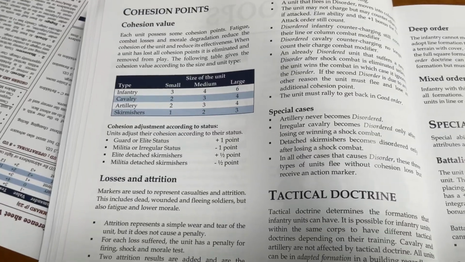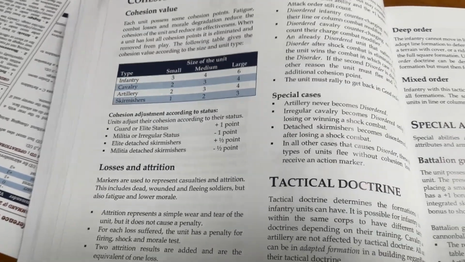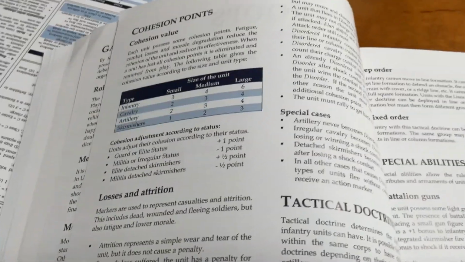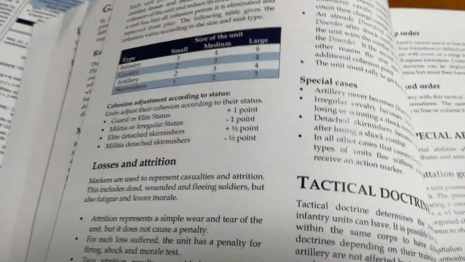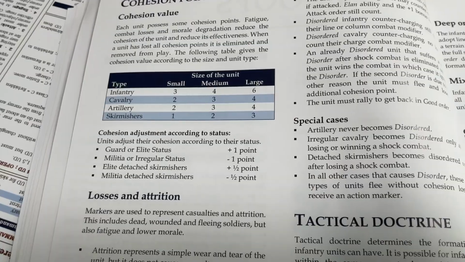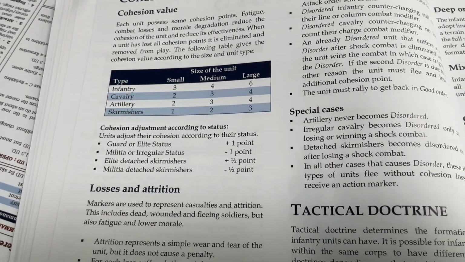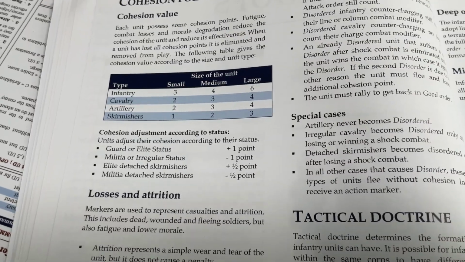When you get to 0, they're going to rout or flee. If you're large, you're going to have more cohesion. If you're small, you're going to have a little less cohesion. Also, your status, Guard or Elite status, gets an extra point of cohesion. Militia or irregular status, -1 point.